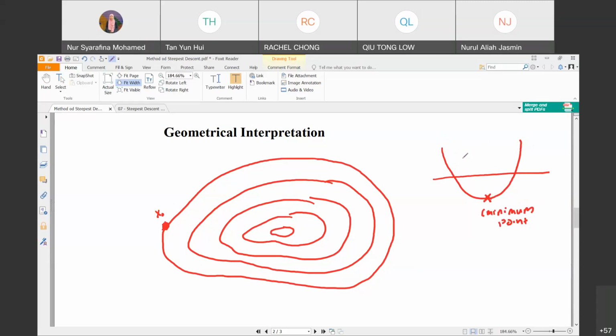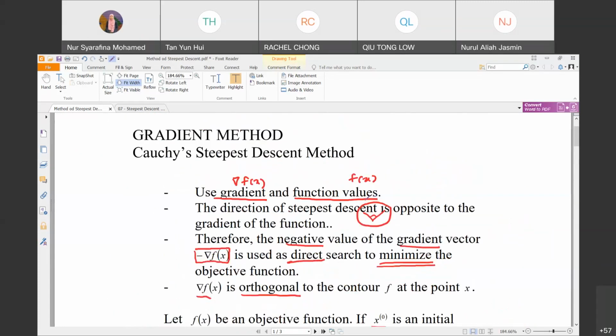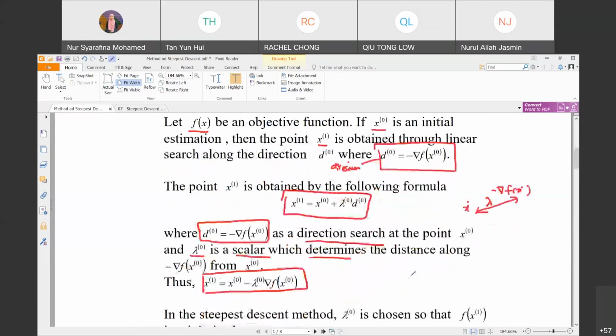The movement is within the contour here. How does it move? It moves orthogonal to the contour at point x.